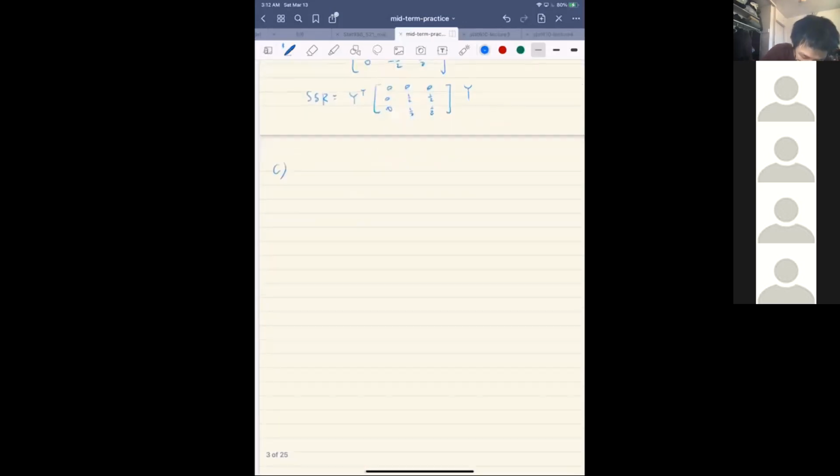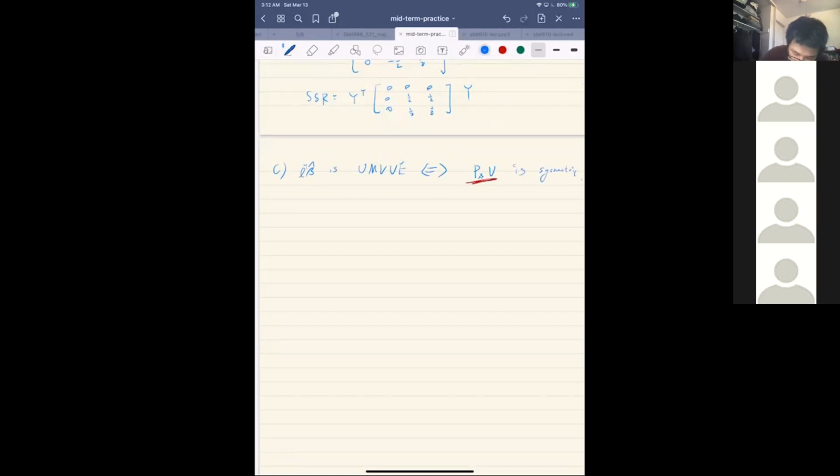We want to show that beta is UAVE if and only if the PX Y V is symmetric. So we only have to show this.